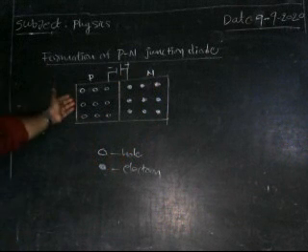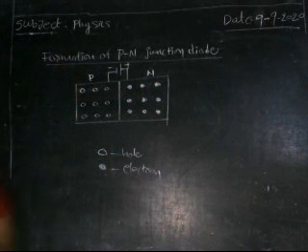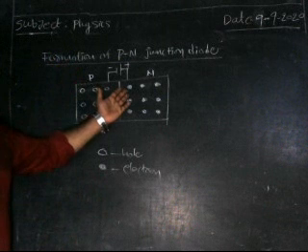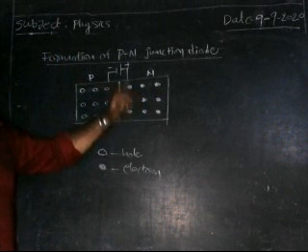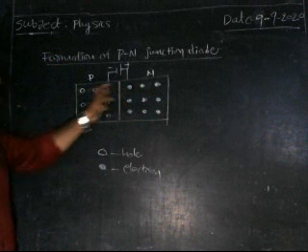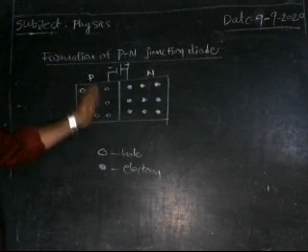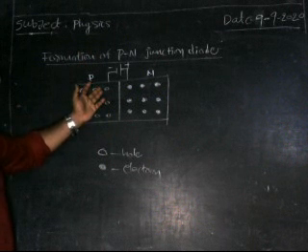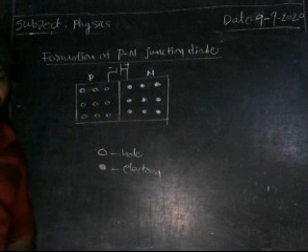These are all holes, present in the P-type semiconductor. The free electrons in the N region migrate towards the P region, and the holes in the P region migrate towards the N region.